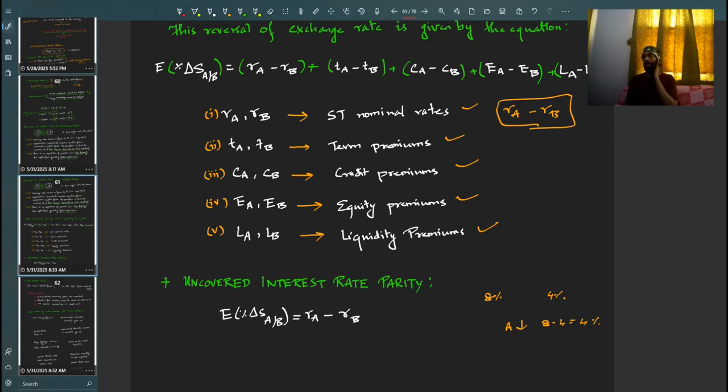Now, in actuality and in the short run, this does not hold. Empirical evidence suggests that this does not hold, and this actually leads to an opportunity which is called the carry trade. So what carry trade means is, let's say an investor finds that currency B is offering 4% and currency A is offering 8% on the short-term nominal rates, then the investor can borrow in currency B at 4% and lend in currency A at 8%.